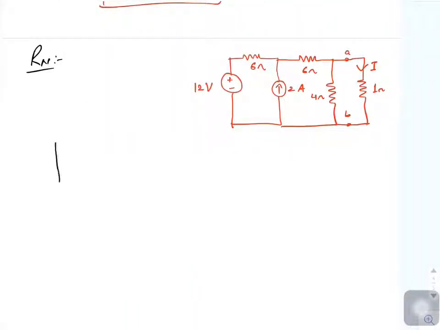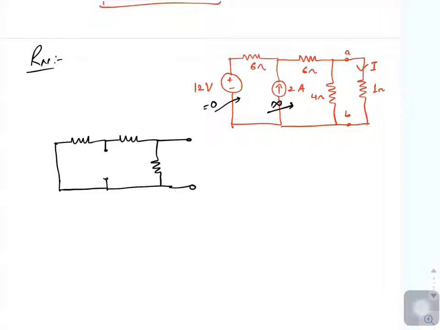So we will get something like this, because the internal resistance of voltage source is 0 and the internal resistance of current source is infinite. So accordingly I am drawing this circuit, and load we have to remove, and across load the equivalent resistance is R Norton.